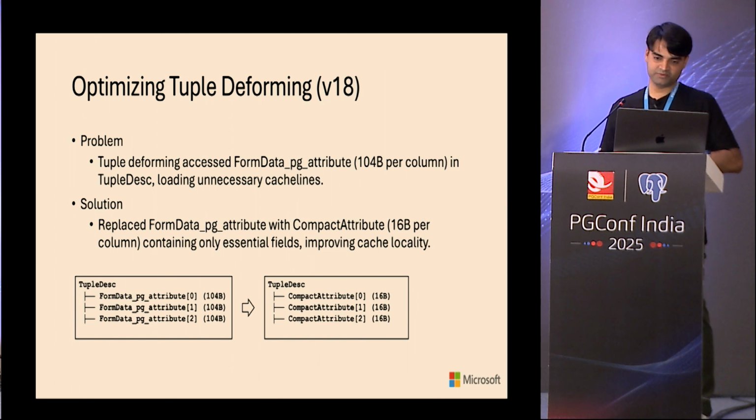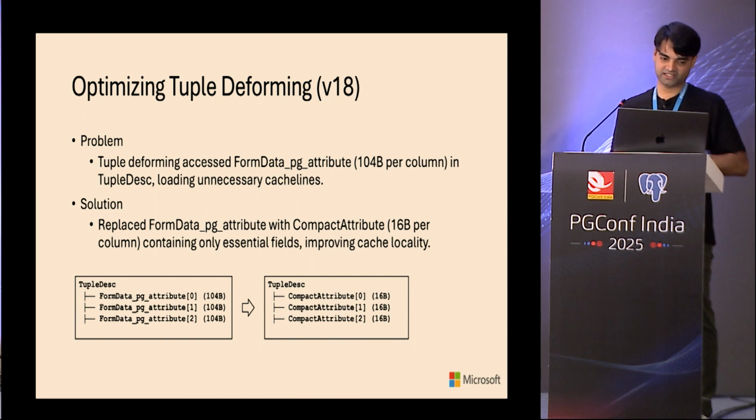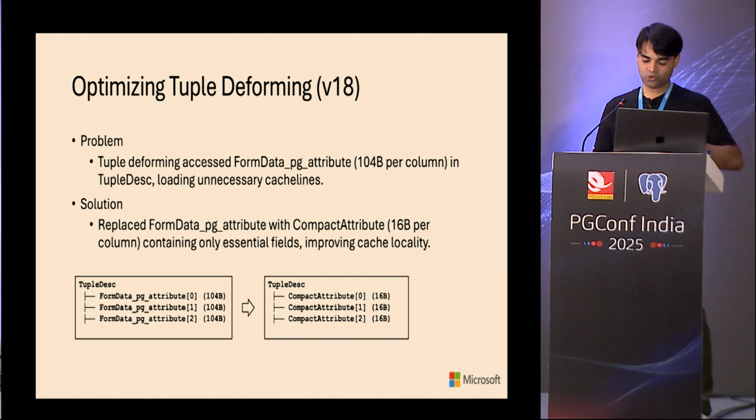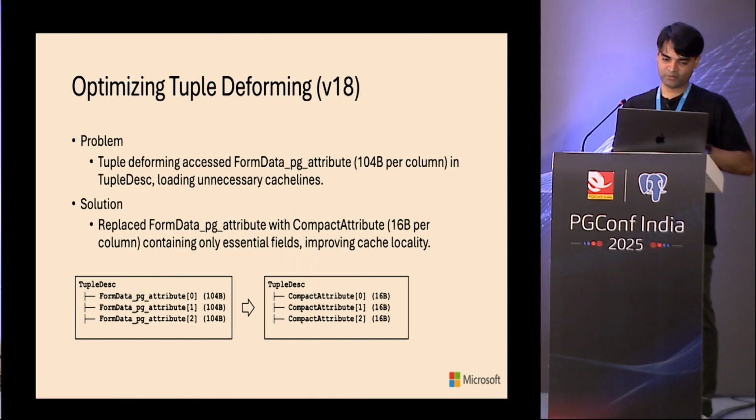Before this change, tuple desc stored the whole PG attribute catalog entry as it is, and each PG attribute entry is longer than a CPU cache line. Not all of that information is needed for deforming.